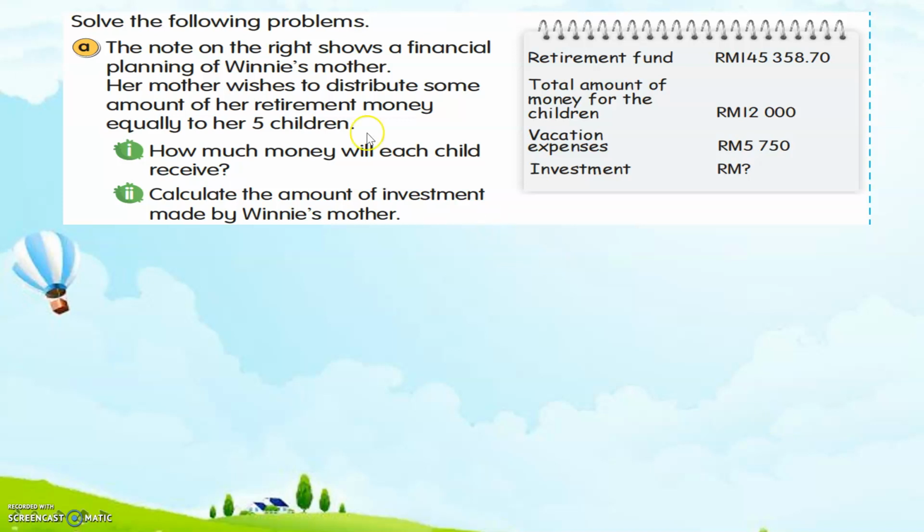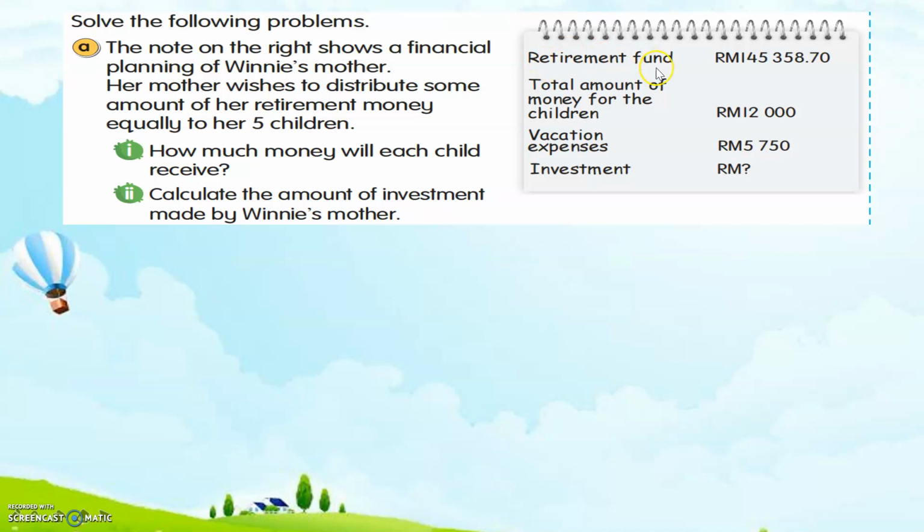The third question. Solve the following problems. The note on the right shows a financial planning of Winnie's mother. A mother wishes to distribute some amount of a retirement money equally to 5 children.